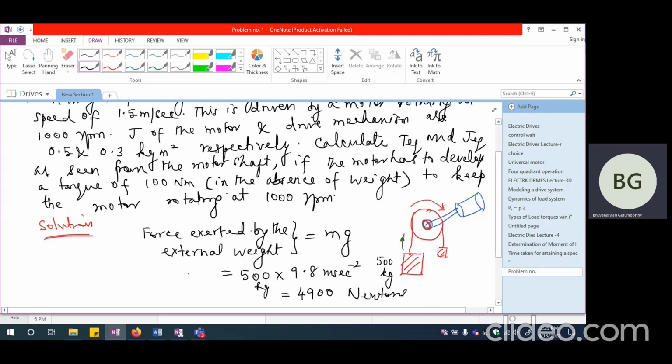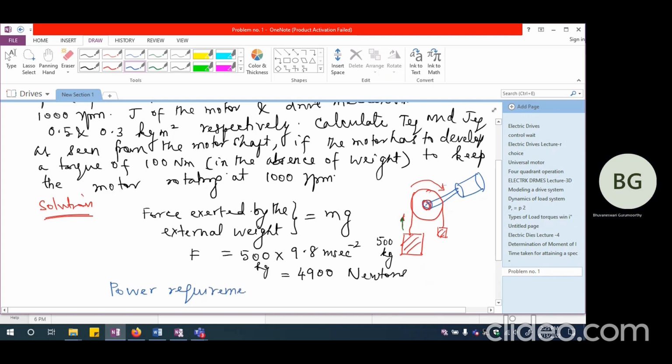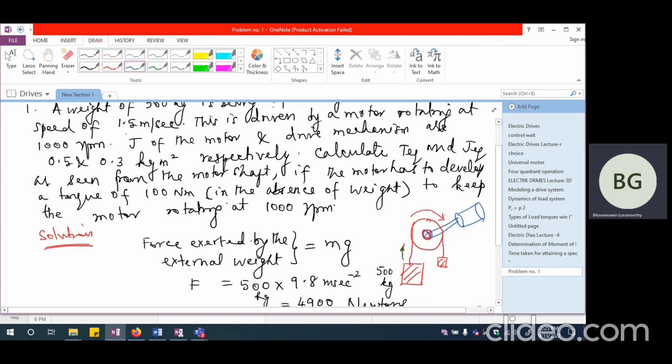And this is F. And we said that F multiplied by V is the power. The power requirement of this load is going to be F times V. So this will be 4,900 multiplied by 1.5, because 1.5 is the speed at which this particular weight is being lifted.